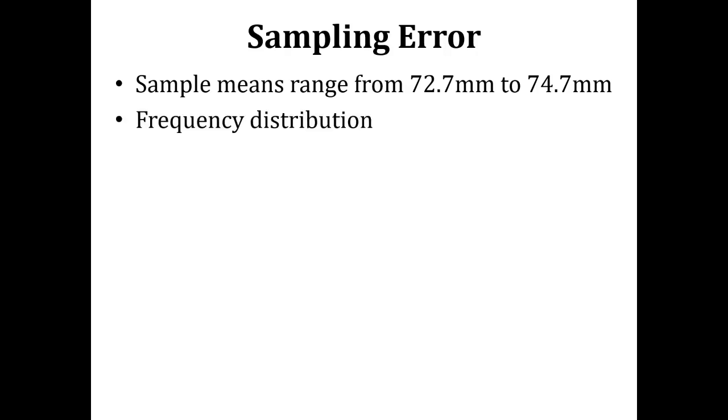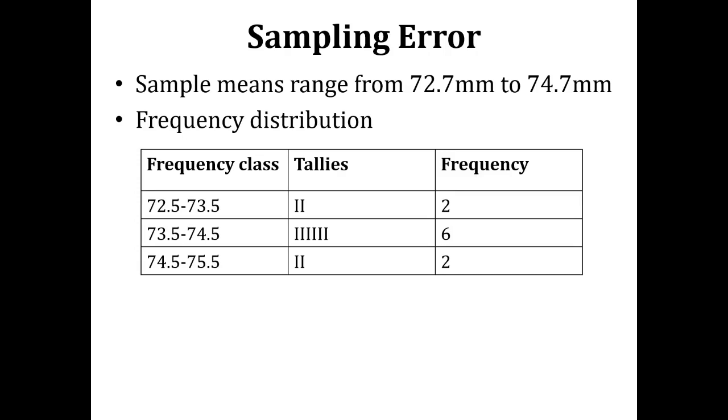And if we draw their frequency distribution, we can see that there are two samples that gave a mean value in the limits of 72.5 to 73.5. There were 6 samples that gave a value in the limits of 73.5 to 74.5.